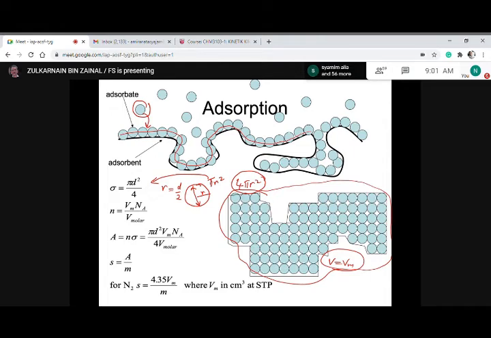This is like 22.4 dm cube over 1 mole, so this will give you the number of moles. The number of moles times the Avogadro number will give you the number of molecules. So N is the number of molecules, right?